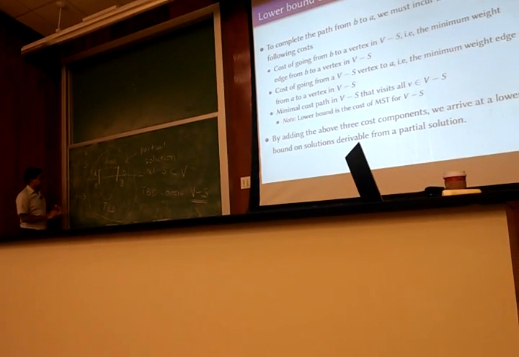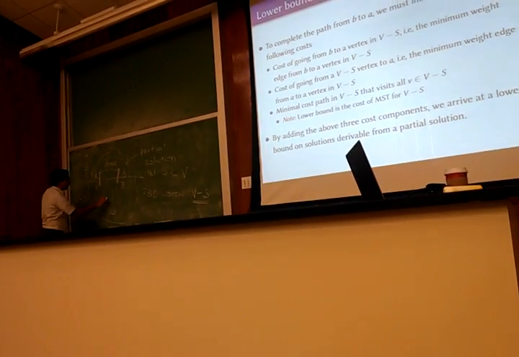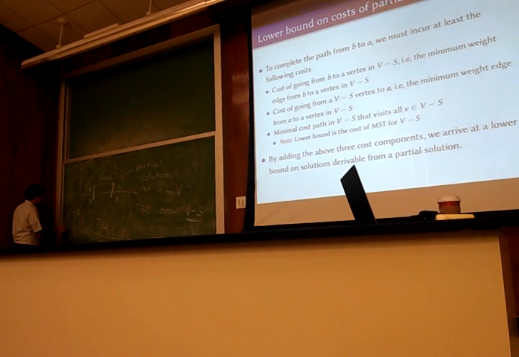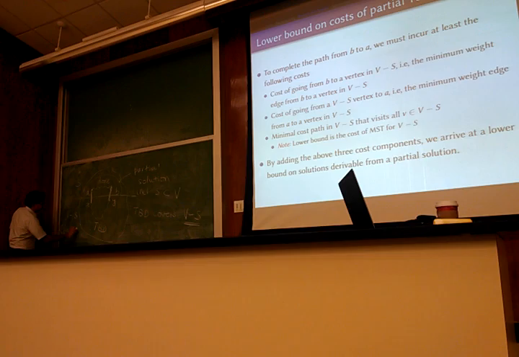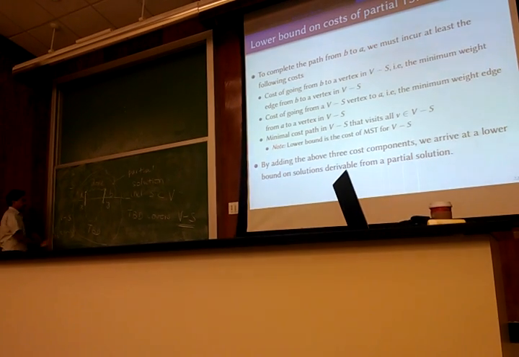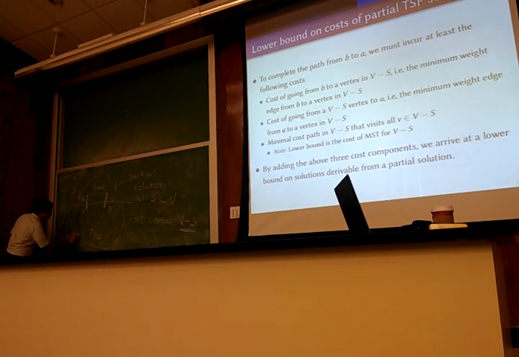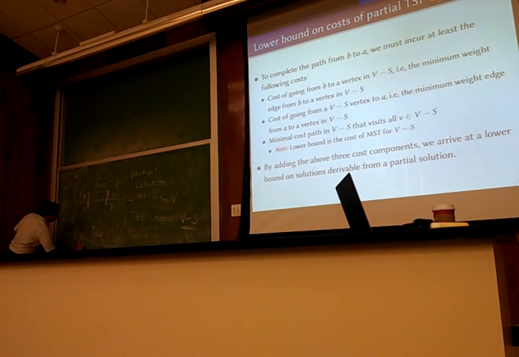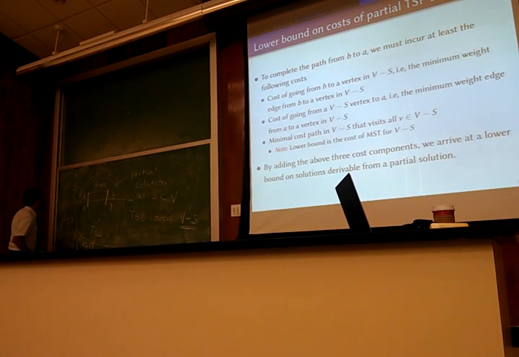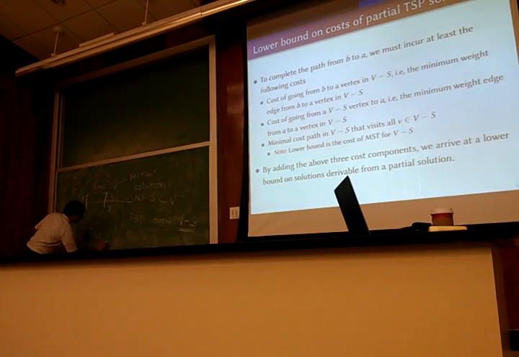So what I'm saying is that the cost of this path, the cost of X to Y, is greater than or equal to the cost of the MST for V minus S.